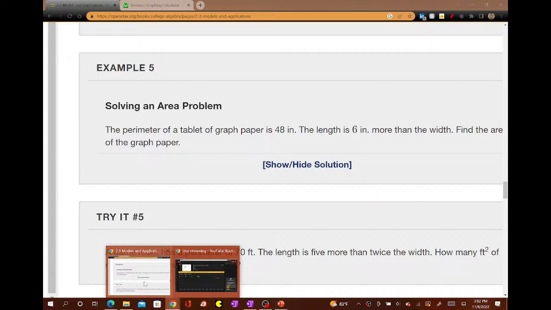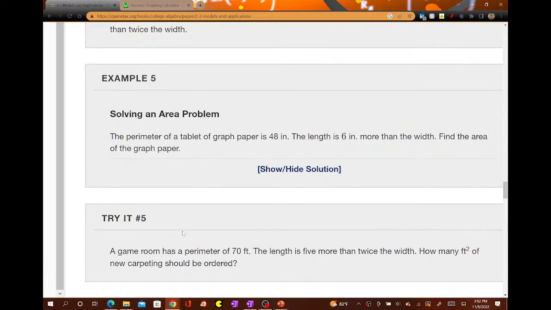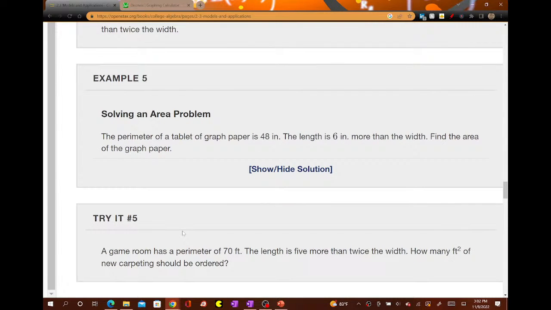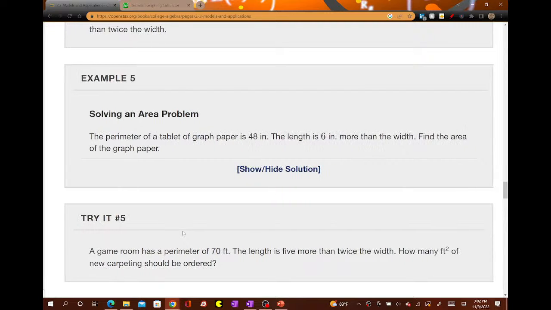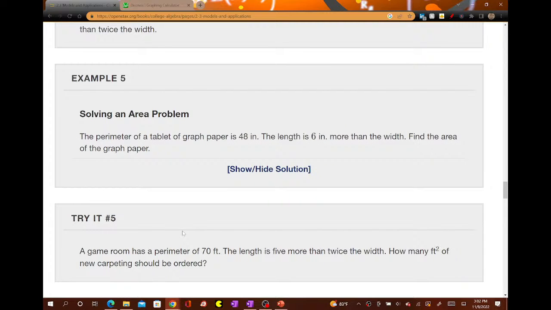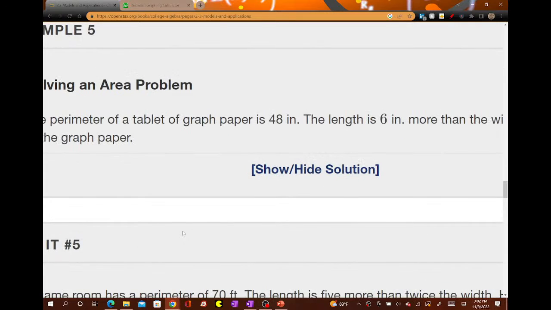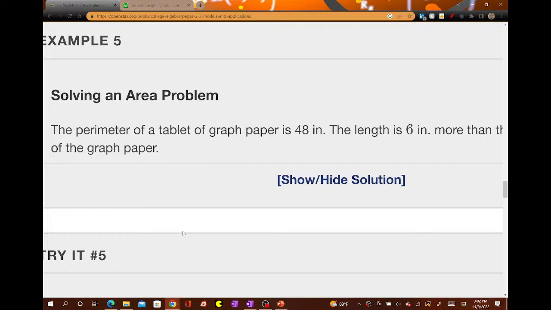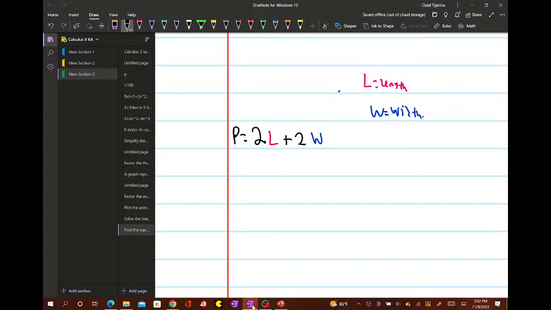Okay, so the perimeter is 48, right? The perimeter is 48 inches, so we know that P is 48, and P is, again, perimeter, right?